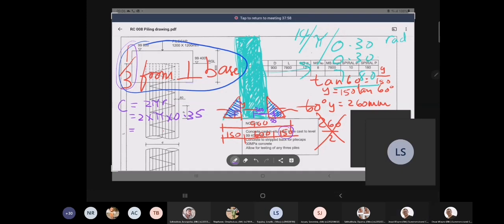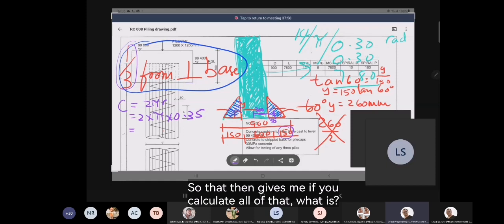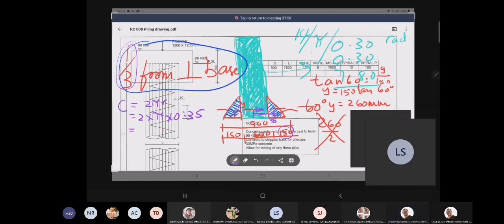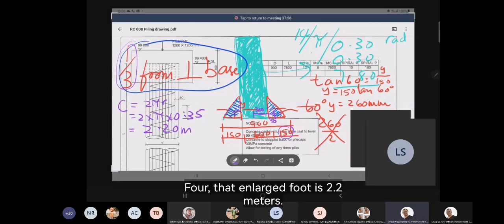With me? So if you calculate all of that, what do you get? You get 2.2 meters. So I now know that my circumference for that enlarged foot is 2.2 meters.